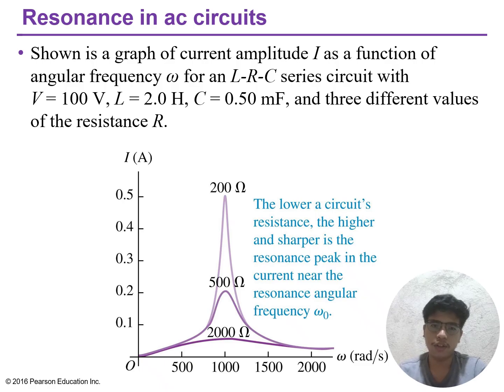This explains radio tuning: variable capacitors adjust omega naught to match the station frequency. Low R gives sharp tuning to select one station clearly.